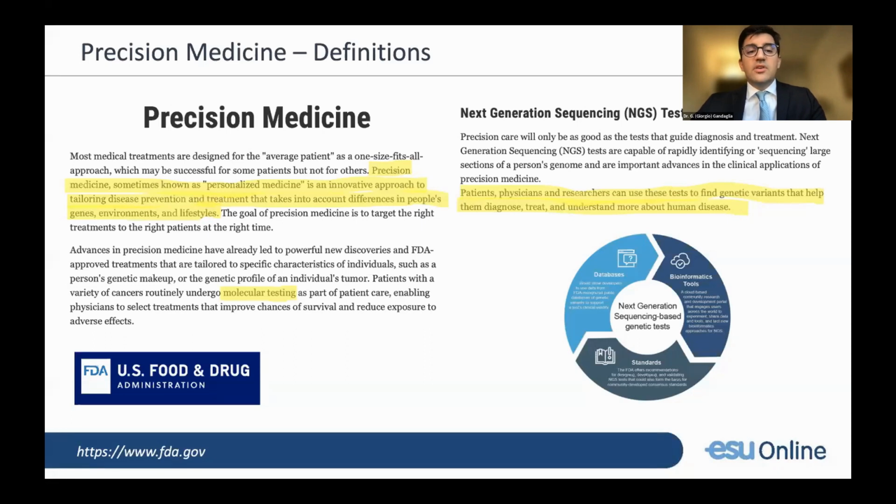Nowadays, molecular testing and next generation sequencing play a deep role in the management of our patients. Patients, physicians, and researchers can use these gene tests to find genetic variants to help them diagnose, treat, and understand more about any disease, and in particular, prostate cancer.